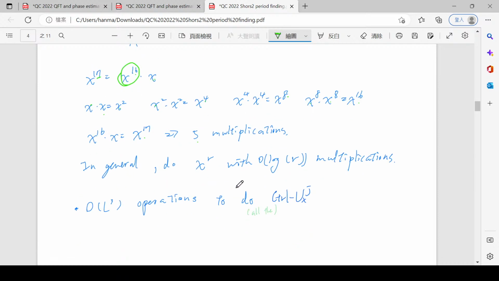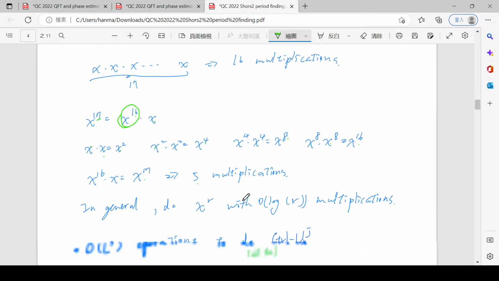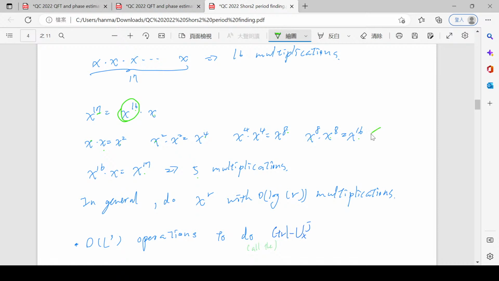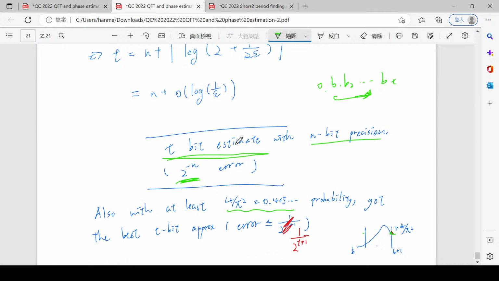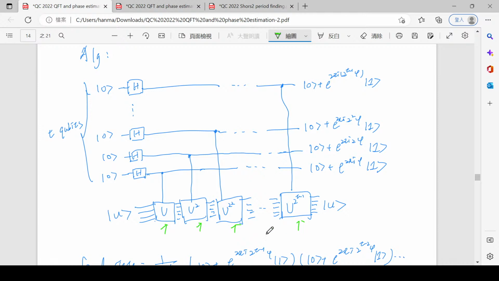So that's the idea of repeated squaring. You do this kind of thing, then you can do x to some high power really fast. If you do each of those with repeated squaring, and you have something like 2 to the t, then you only need about t multiplications, instead of 2 to the t multiplications.